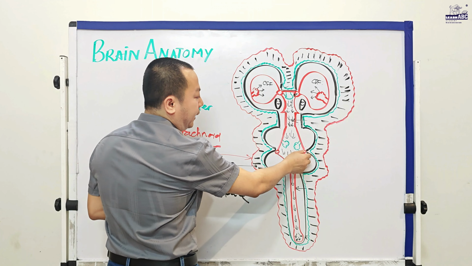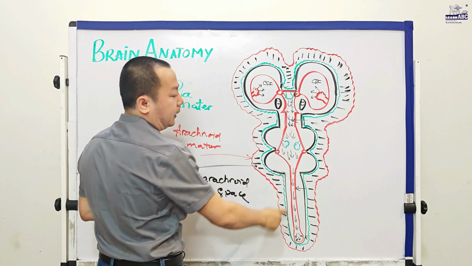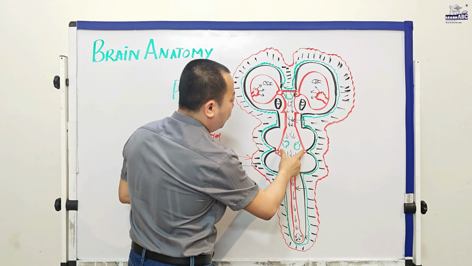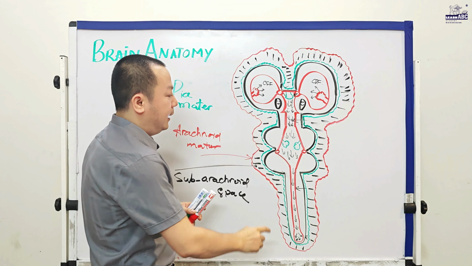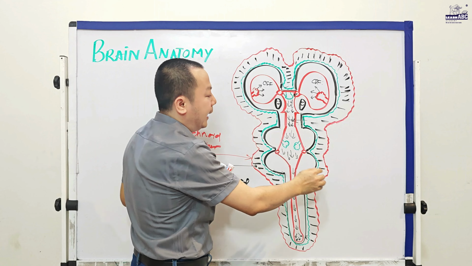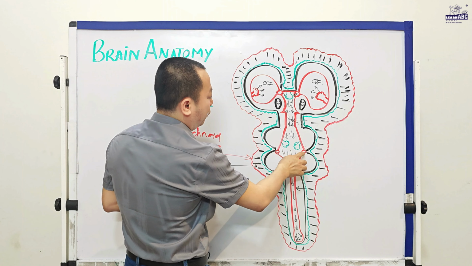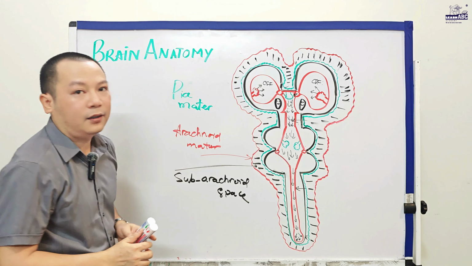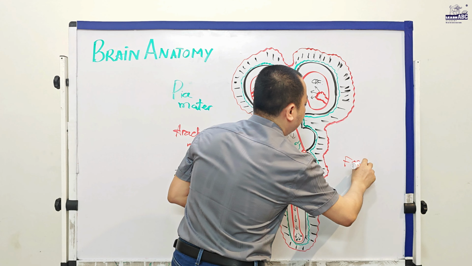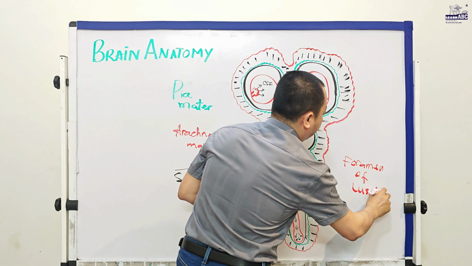There are two openings at this point between pons and medulla, and this hole we call foramen of Luschka.